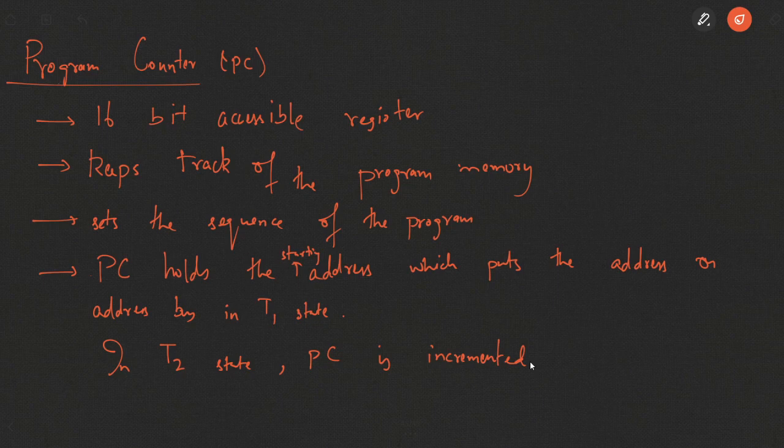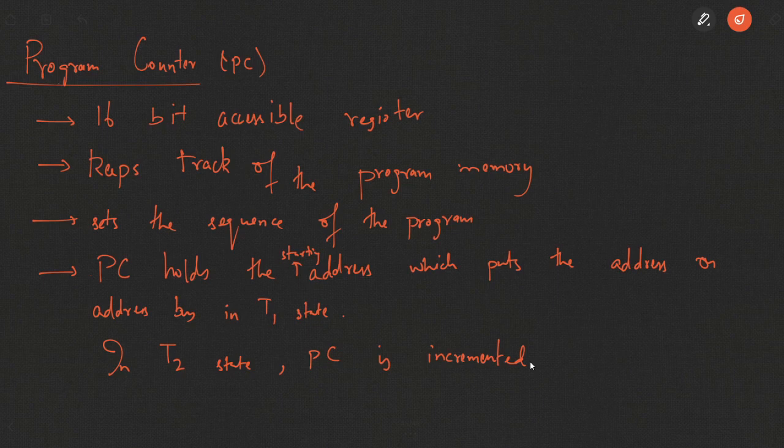Every time a new instruction cycle begins, the PC is incremented in its T2 state so that the previously stored address does not get overwritten, and this way a sequence will be set as well as the program memory will be kept track of.